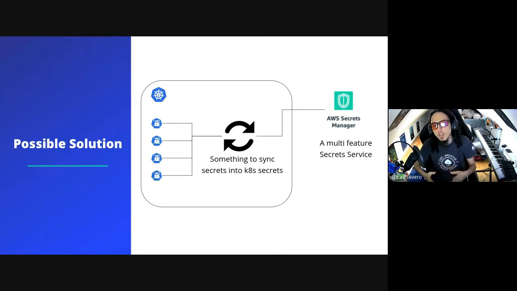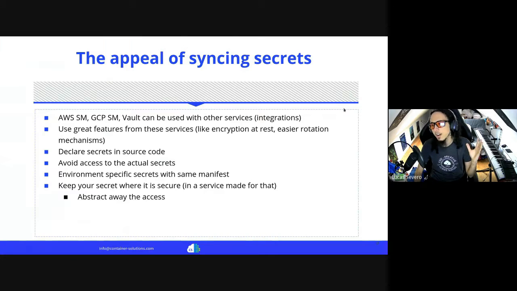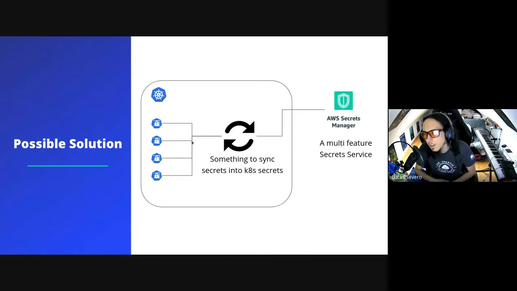And this is a possible solution to some of these problems. It's not necessarily, this won't solve all of your problems. You still need to figure some things out. But what we want is to have a multi-featured, established solution like AWS Secrets Manager.